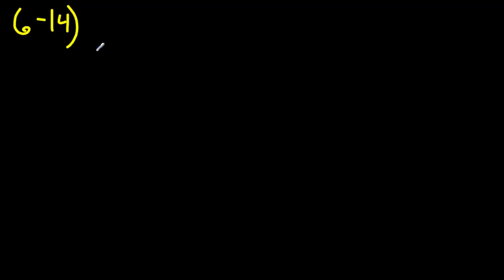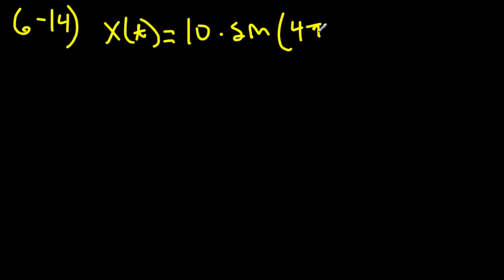So we're given an equation x of t, which equals 10 times the sine of 4 pi t minus pi over 2. What this asks is to find the amplitude, the frequency, the period, and the time shift. Not just the phase shift, the time shift.